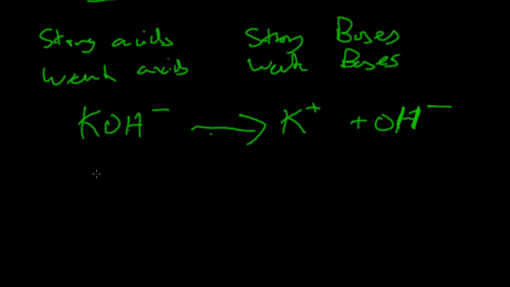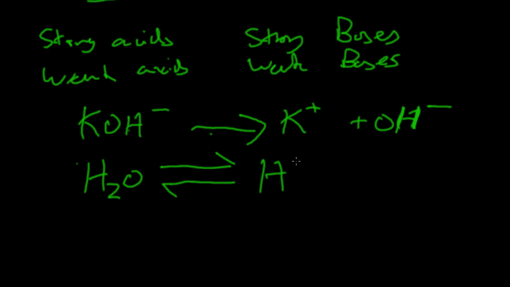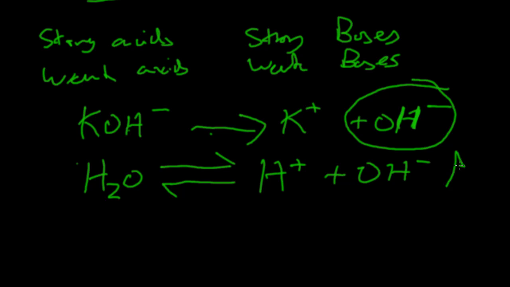Now, because in water we have an equilibrium reaction where the H+ interacts with OH-, if we contribute something that increases the OH- concentration, we know from Le Chatelier's principle that it's going to force the equilibrium to shift to the left.